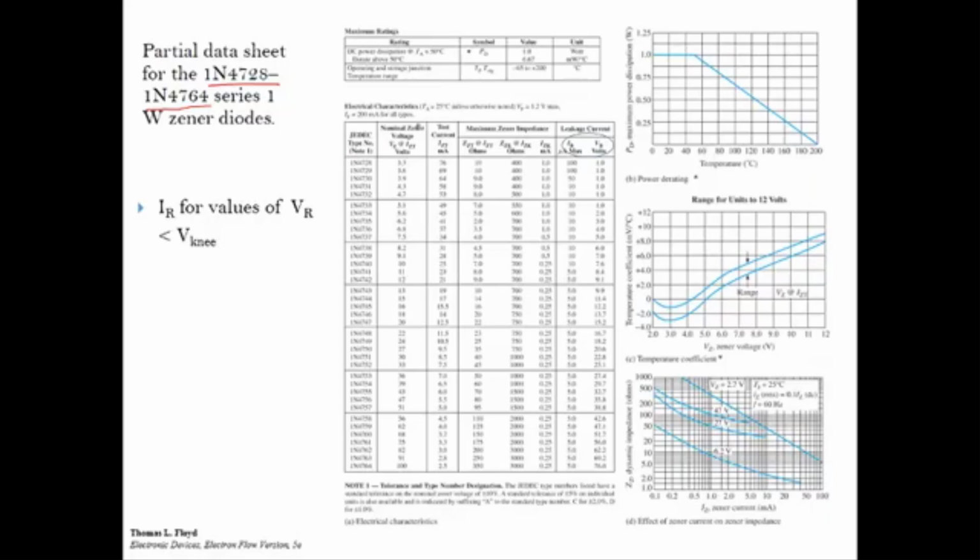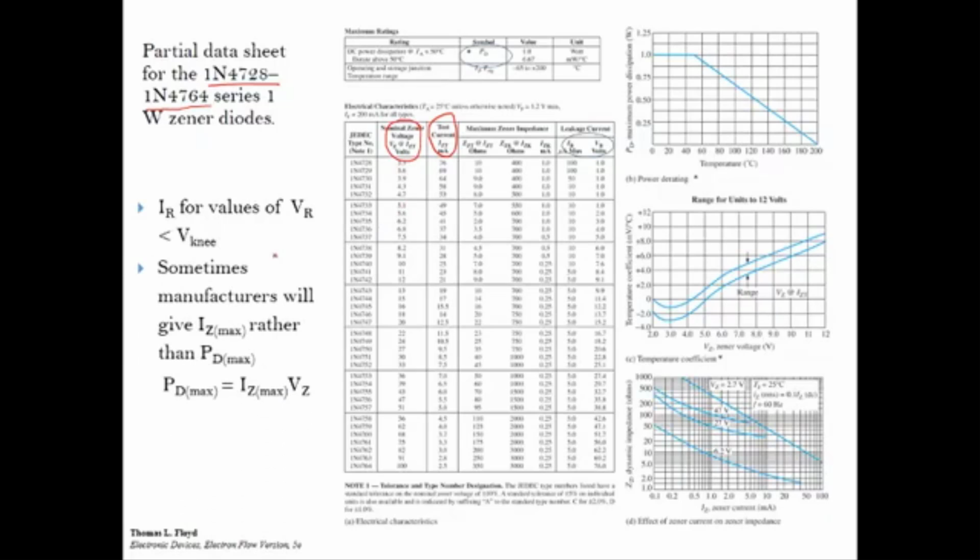This is the test current, Izt. And then this is the nominal Zener voltage, Vz, at Izt. IR for the value of VR must be lower than the nominal Vz.